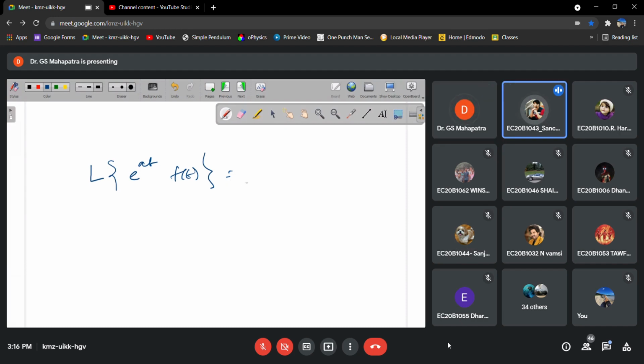F bar of s minus a, that one. Okay, somebody is writing f bar, that is also okay. So it is s minus a, correct? So what is f here? F of s is the Laplace transform of f of t, say. F of t, correct.